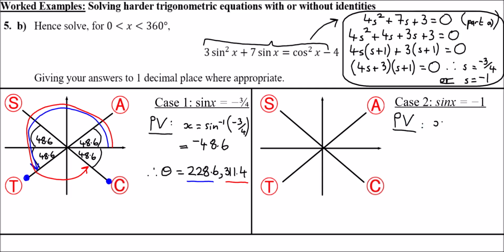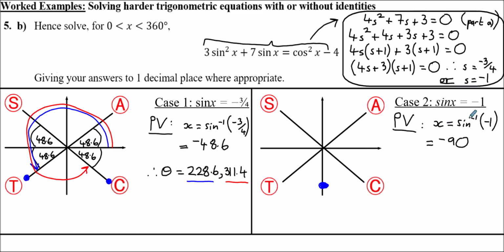So x, we did inverse sine of minus 1 and got minus 90. Now that isn't in range because we want it to be between 0 and 360. But minus 90 would be down here, where again we're straddling, if you like, the boundary in between t and c.